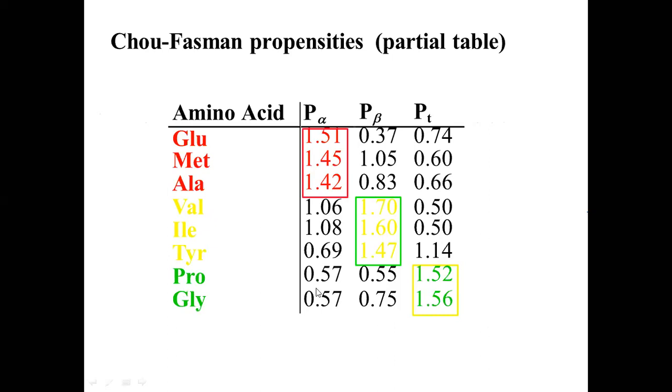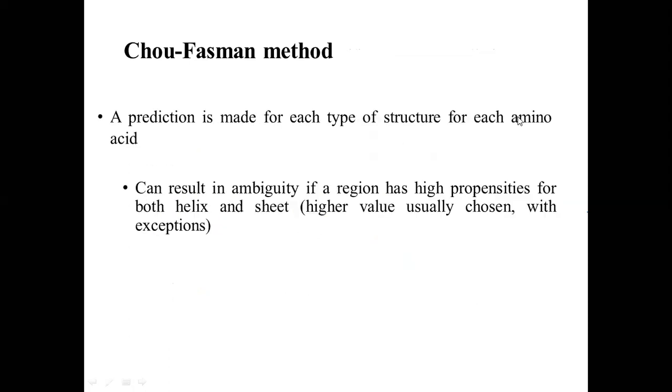Now we have proline with 0.75 as alpha helix and 0.55 in beta sheet. So now there is ambiguity. It is a very close competition. Sometimes these types of values happen and just make the results ambiguous.